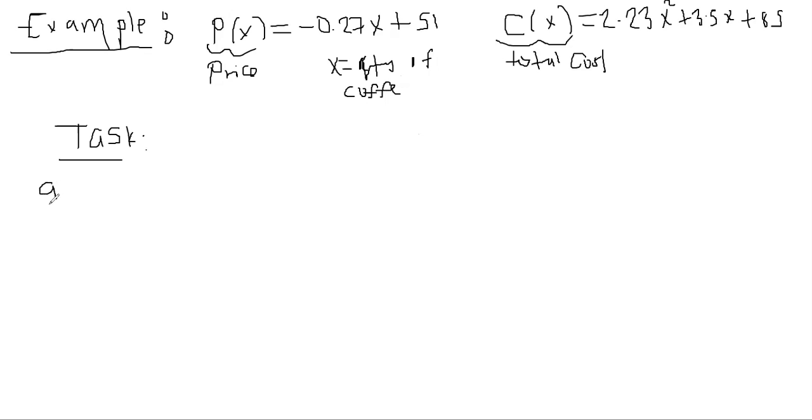A part says that they ask us to derive R of X, and we know R of X is what? Revenue function. Also, they ask us to find what? P of X. So this time the P of X here means the profit function. They want us to find it using this information.